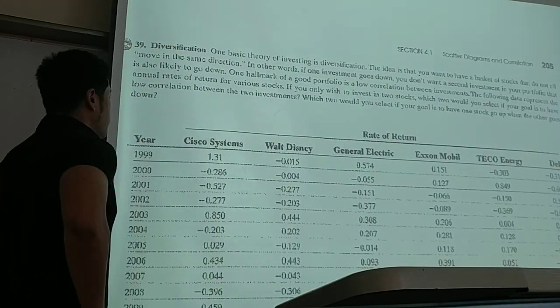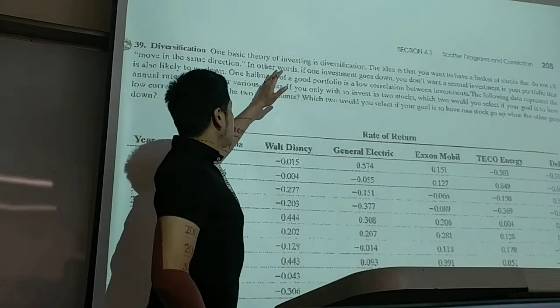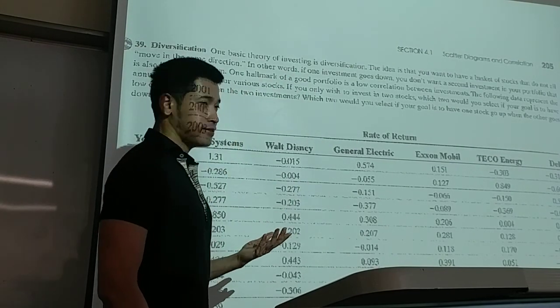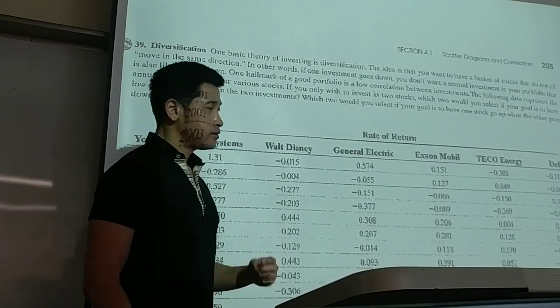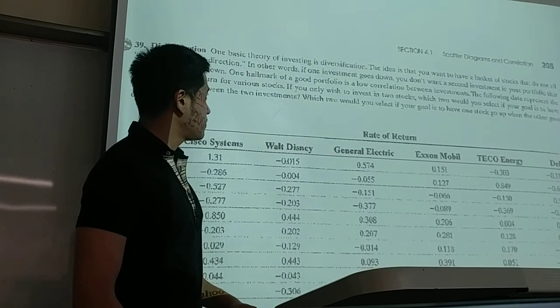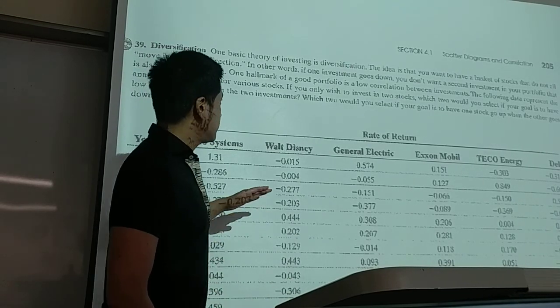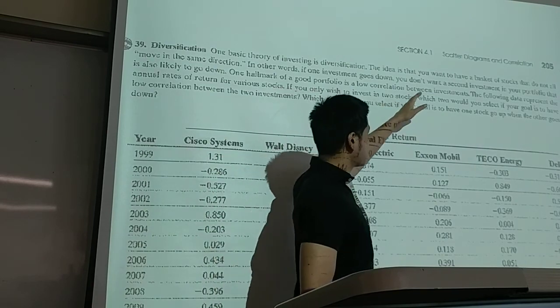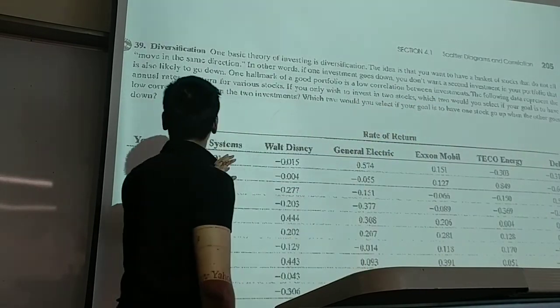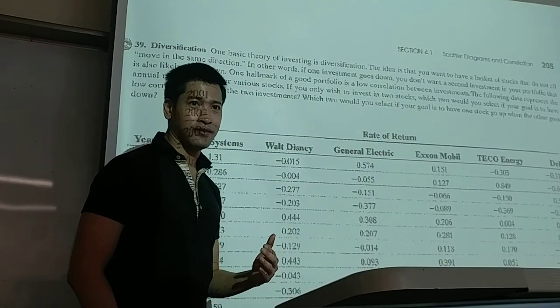One basic theory of investing is diversification. What do we mean? We mean that you want to have a basket of stocks that do not move in the same direction.